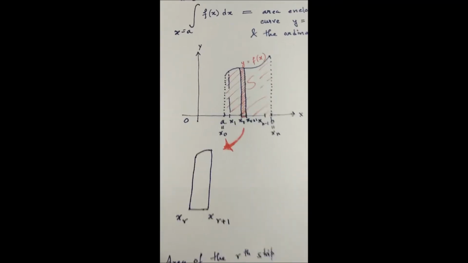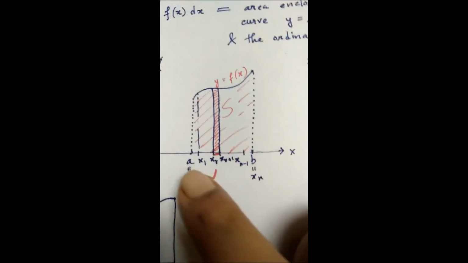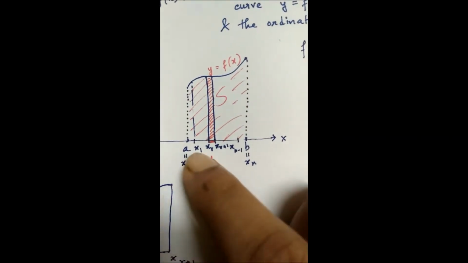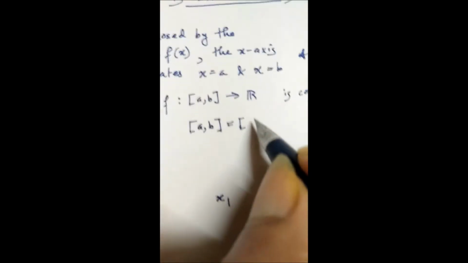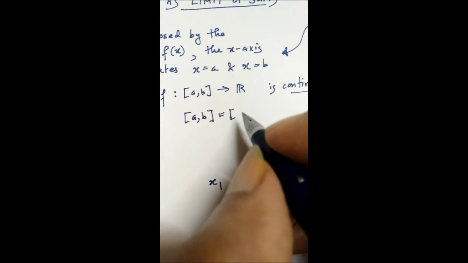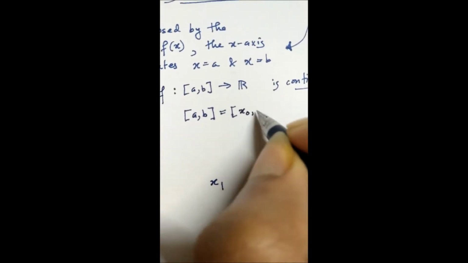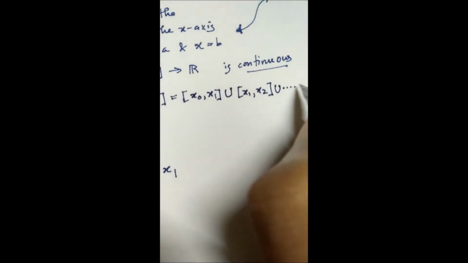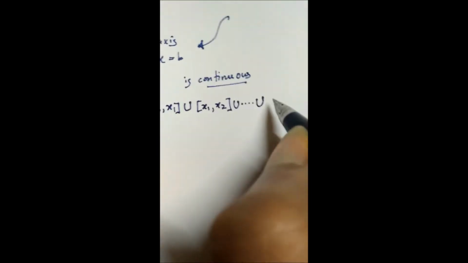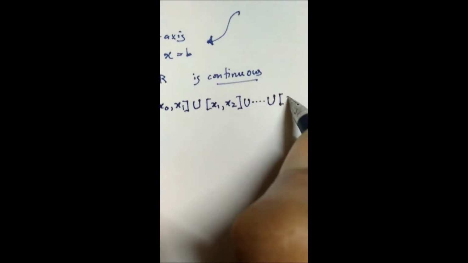Now we have divided this interval into parts. And if there are n plus 1 points, x0, x1 and so on, there would be n parts. So the whole interval AB is actually x0 to x1 union x1 to x2 union so on and so forth, going up to xn minus 1 to xn.